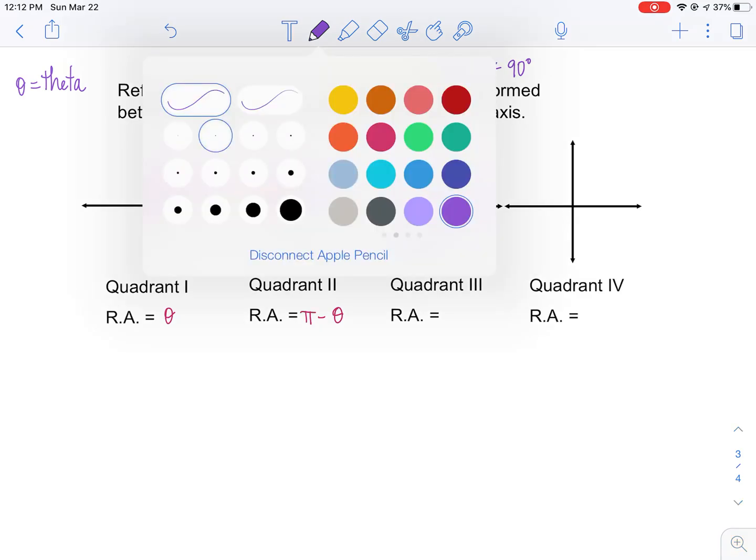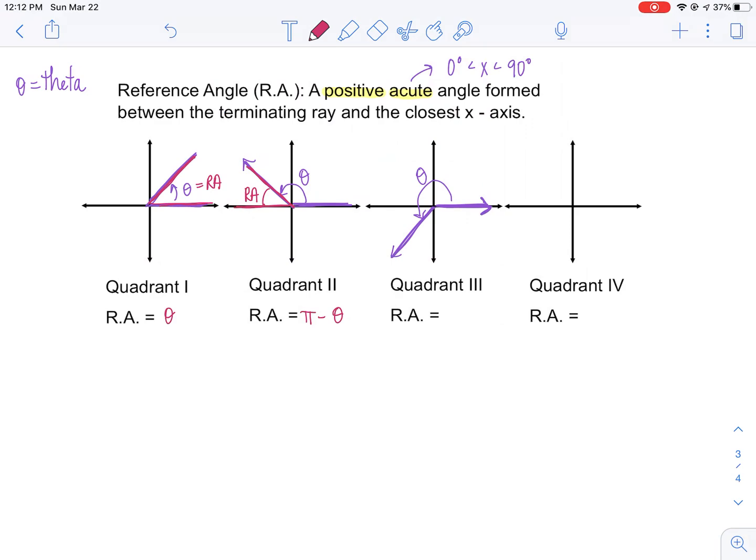The reference angle here, though, is terminating ray, always the closest x-axis. So this right here is the reference angle. To find that, I'm going to take the whole piece, which is theta, the bigger angle, and I'm going to subtract off pi, which is the flat portion, from 0 to 180.